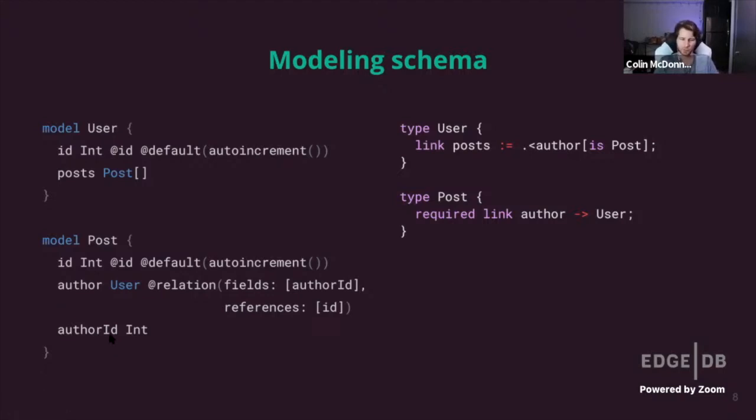They don't want you to have too much distance from the underlying data model as it's represented in SQL, because they know that there's a lot of queries you can't represent with Prisma's CRUD API. And so they have you specify that author ID foreign key and then use this @relation directive with a couple of arguments to sort of wire everything together. All of this goes away when you just commit to the graph relational schema in the way that EdgeDB does.